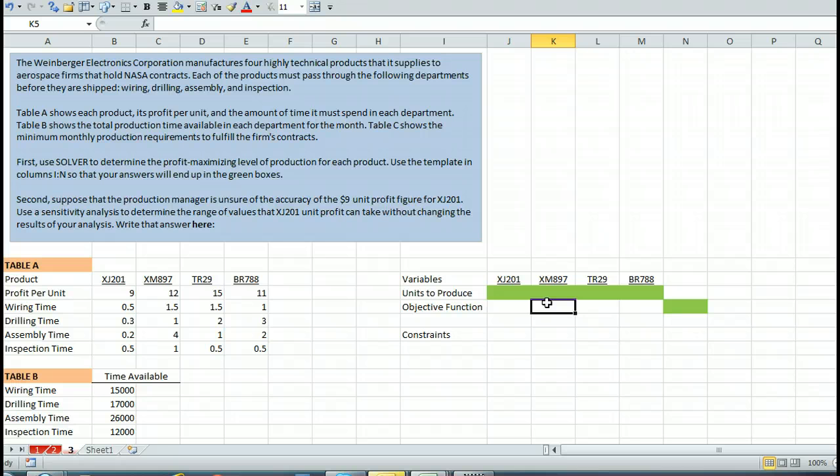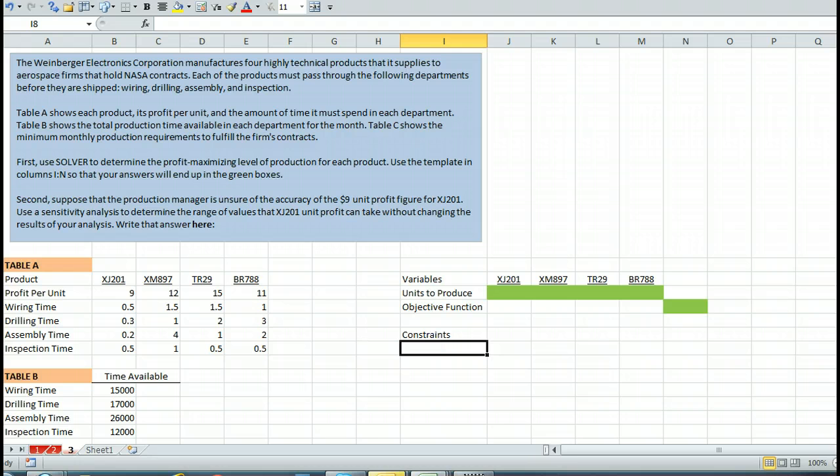Put a formula that takes the profit per unit times the number of units. So then in this cell, for the overall profit, all you have to do is sum all of these. Calculate each one of these objective functions individually. So you're going to have dollar amounts in here, because you're taking the profit per unit times the number of units.